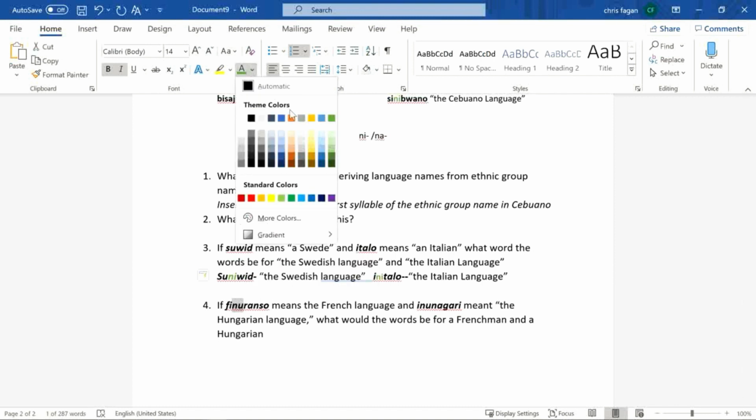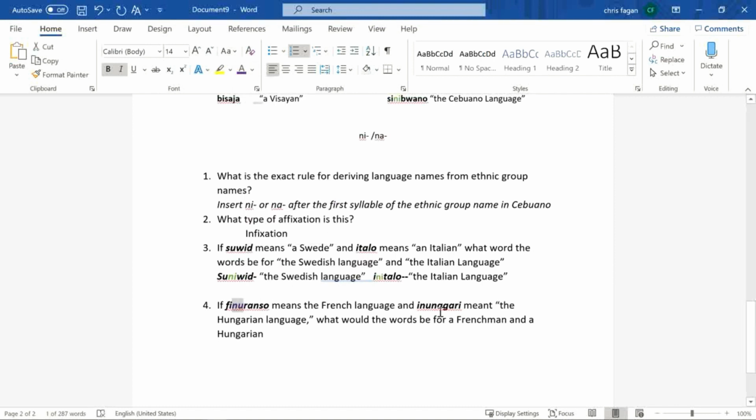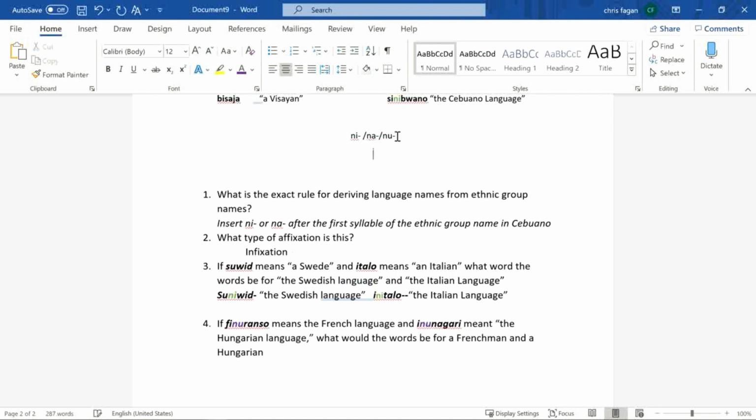So it looks like this here, nu, is another possible alternation of this morpheme. So ni, na, nu, all forms of the same morpheme, just like us and z or s are the same morpheme in English.